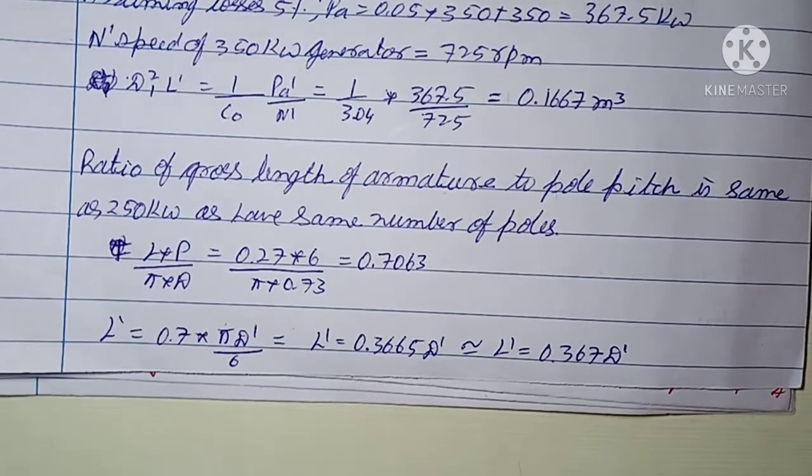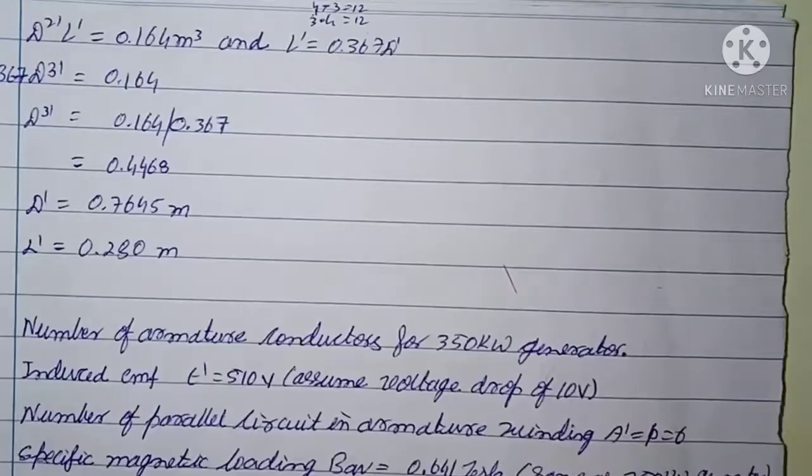Next, L dash is equal to 0.7 into pi d dash by 6. So by substituting the values, we get L dash is equal to 0.3665 d dash, or approximately L dash is equal to 0.367 d dash.